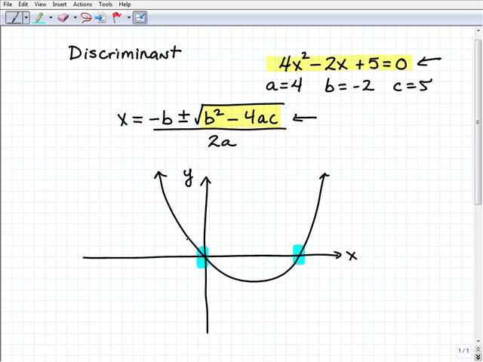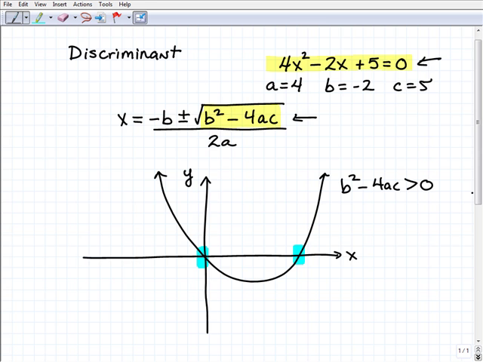So here, clearly, I have a quadratic equation that has two real roots. So guess what? Its discriminant, b squared minus 4ac, must have been positive. I can write this using inequalities: it must have been greater than 0.